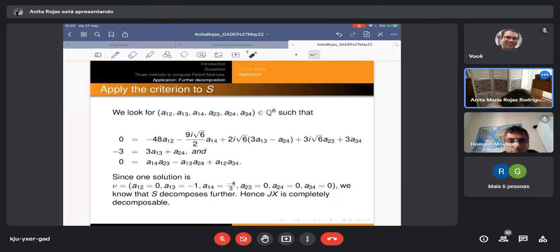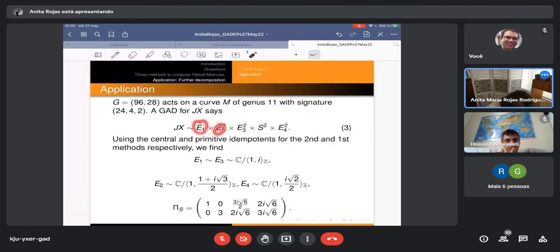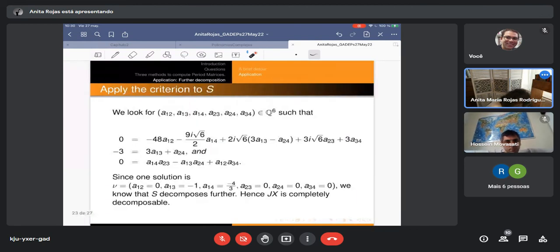So this surface decomposes further. Now, up to this point, we know that the Jacobian variety of that Riemann surface is completely decomposable. We have that all these elliptic curves have complex multiplication, and this surface decomposes into two elliptic curves, but we don't know if they have complex multiplication or not.